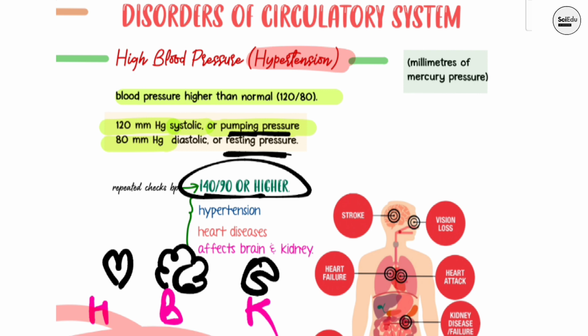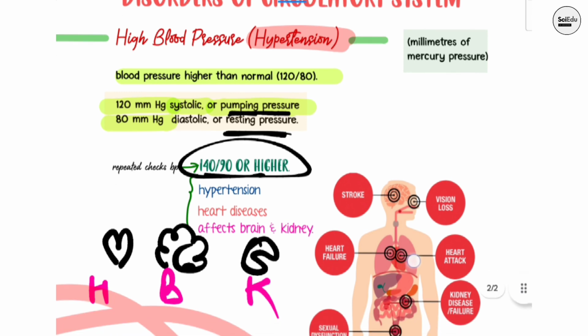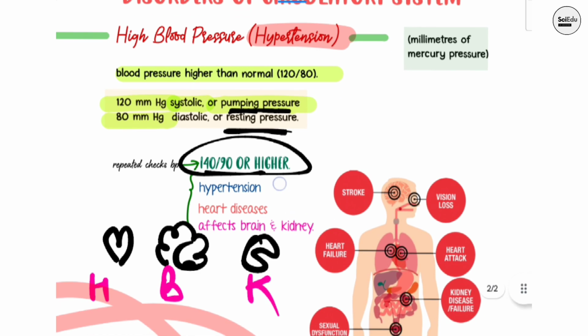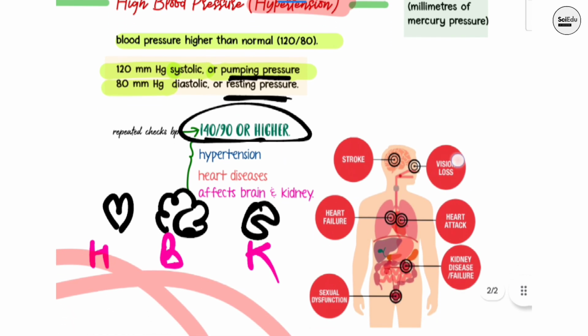If repeated checks of blood pressure of an individual is 140/90 or higher, it shows hypertension. High blood pressure leads to heart diseases and also affects vital organs like brain and kidney.